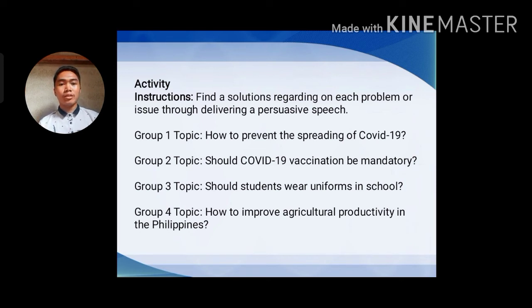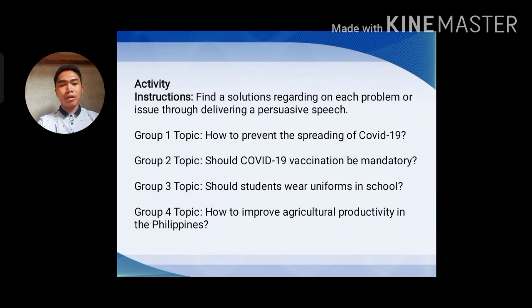And now let's move on to group 2. Your topic is about should COVID-19 vaccination be mandatory. Okay, very good, group 2.